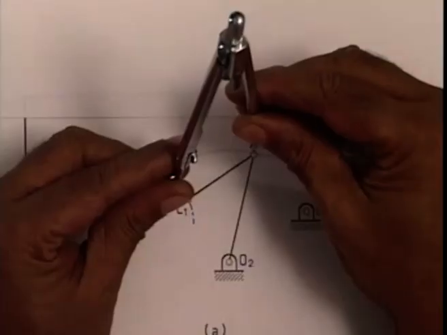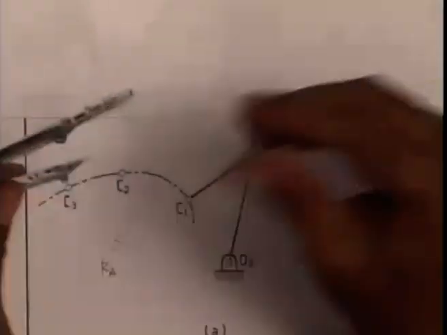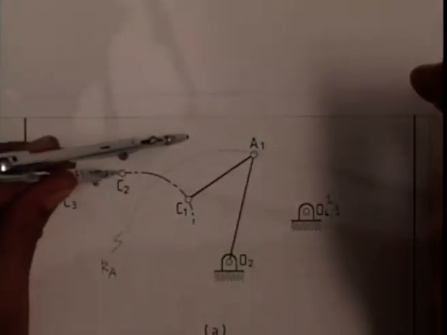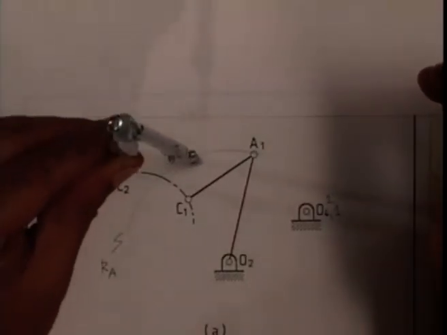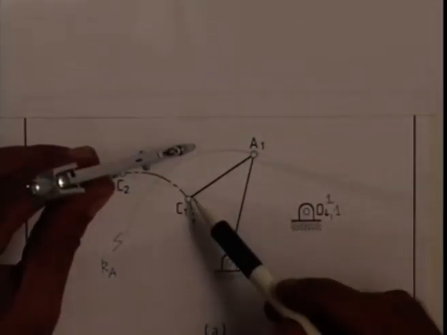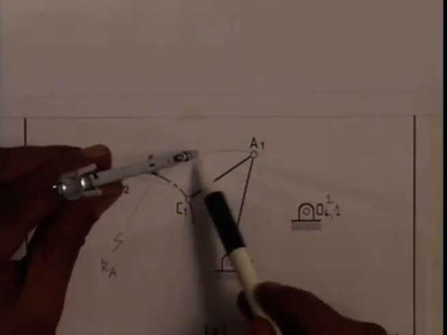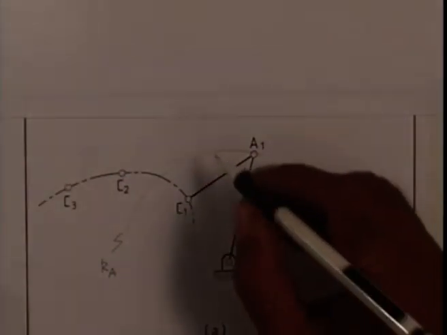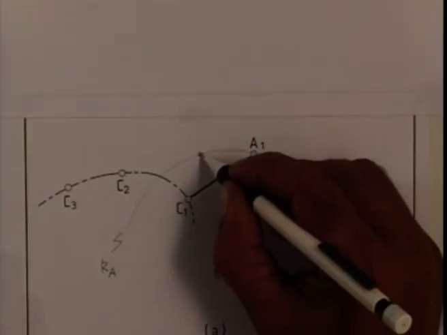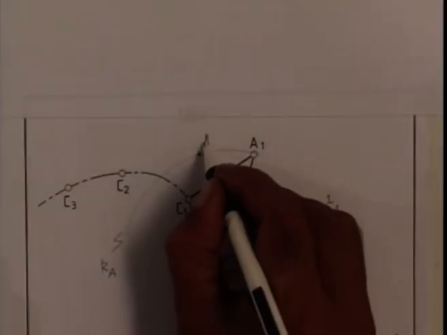So we determine A2 by making C2A2 as C1A1. This C1A1 is same as C2A2 and A must lie on this circle, so I can determine the location of the point A2. This I mark as A2.